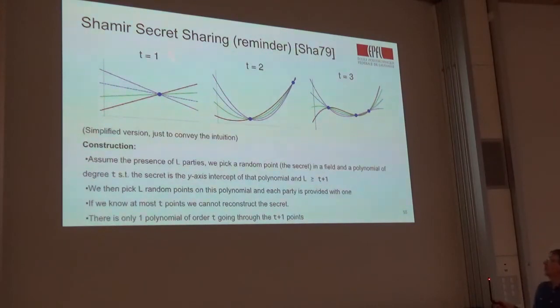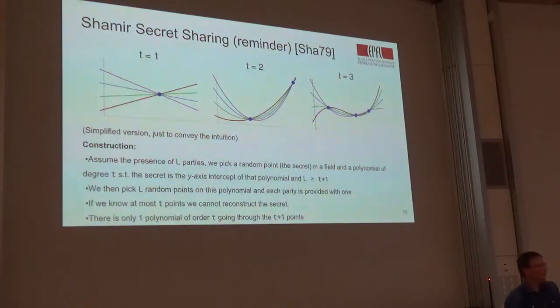So if t is 1, we have a polynomial of order t. Yeah, this is of order 1. So we need 2 points to define it. A polynomial of order 1 is a plus bx. And if we have 2 points, we get here the intersection with the y-axis, and this one here is our secret.